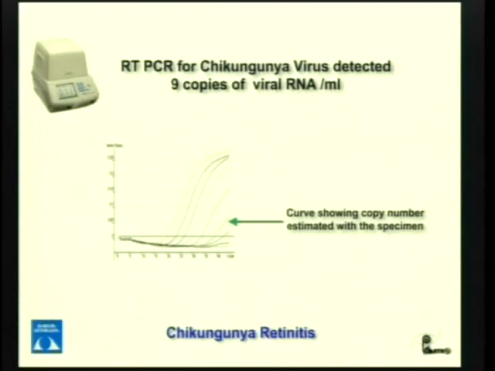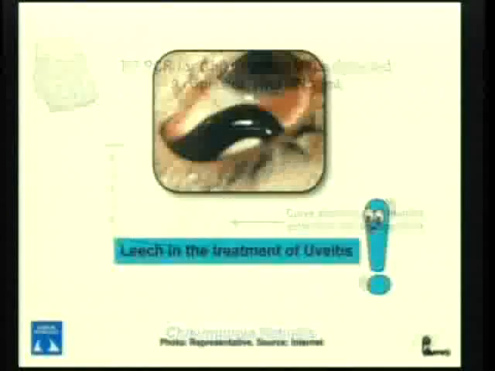The real-time polymerase chain reaction not only diagnosed the virus, this technique quantified the 9 copies of viral mRNA present per ml of the aqueous sample. So this is the utility of the real-time. It quantifies the viral load in the aqueous humor also. So this was a case of chikungunya retinitis.